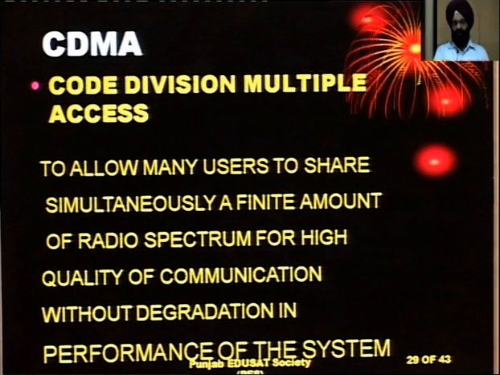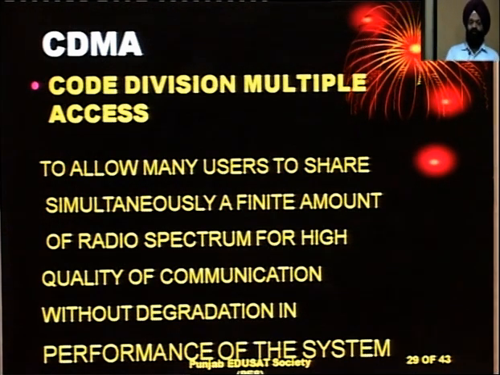In the case of CDMA, that is code division multiple access, many users can share simultaneously a finite amount of radio spectrum. Here it is tried to allot the full amount of radio spectrum simultaneously to many users for high quality of communication without degradation in the performance of the system.